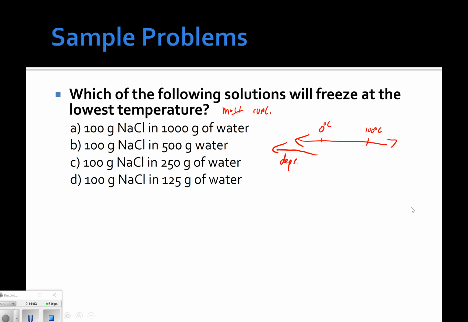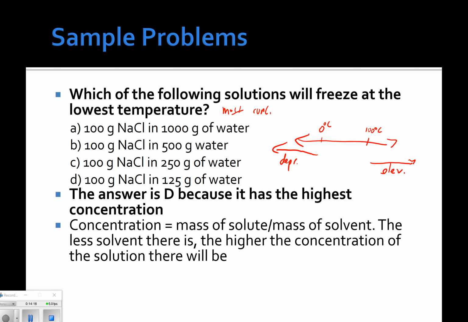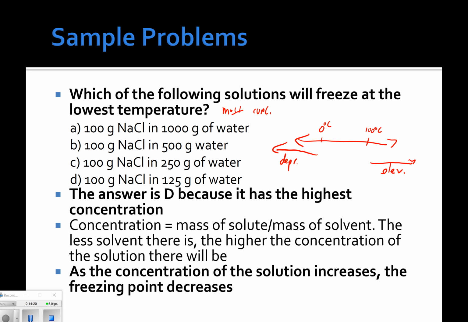Freezing point depression is getting lower. Elevation is raising our boiling point higher. So the most concentrated would be D, and therefore would lower the freezing point the most. So as the concentration goes up, the freezing point is going to go down.